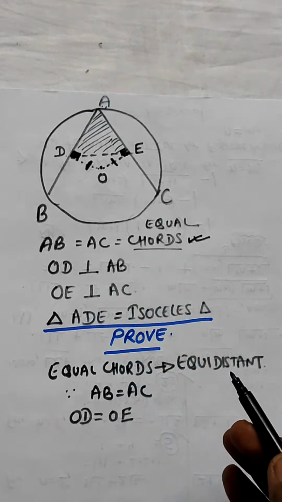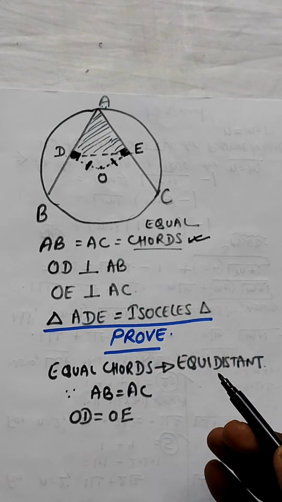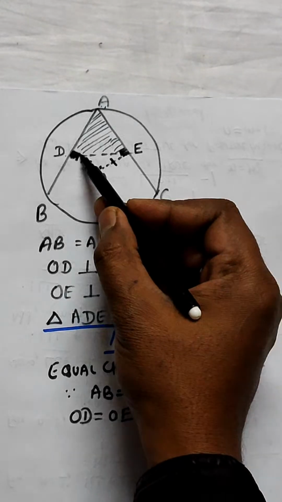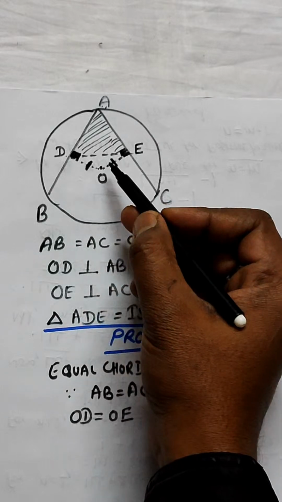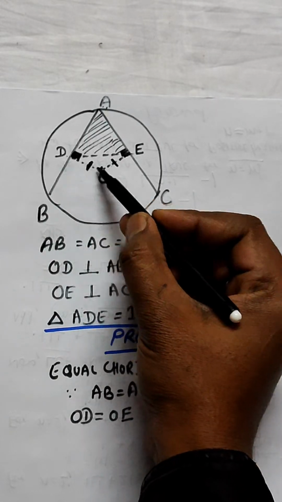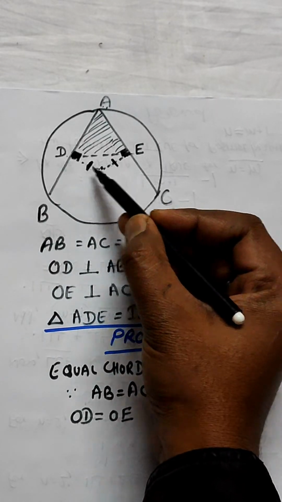Now in the triangle ODE, you can see this is a smaller triangle hanging towards the center.